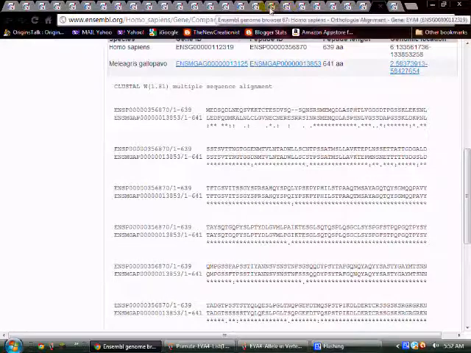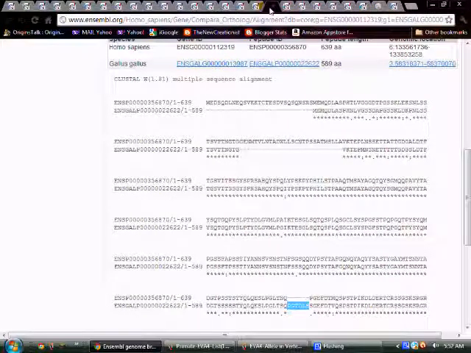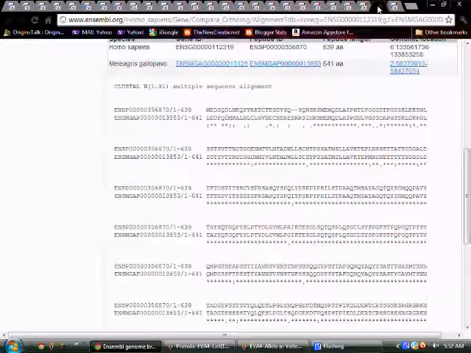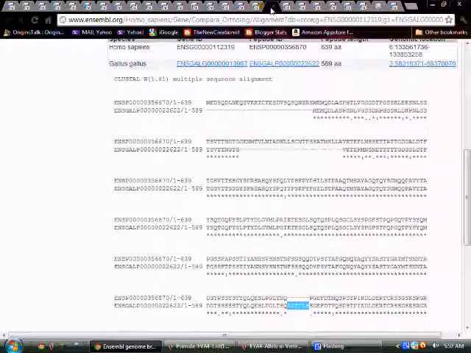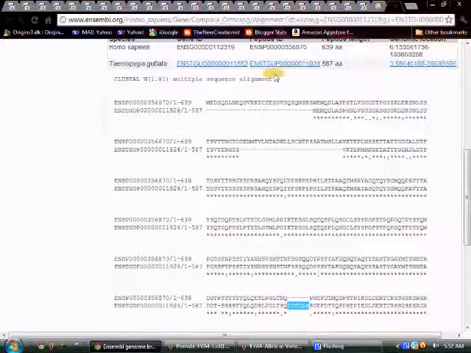Hold on, that's kind of interesting because chicken does. So we have turkey does not have the insertion and chicken does have the insertion. That's peculiar. The last one here, Taeniopygia, does have the insertion. And what is that?